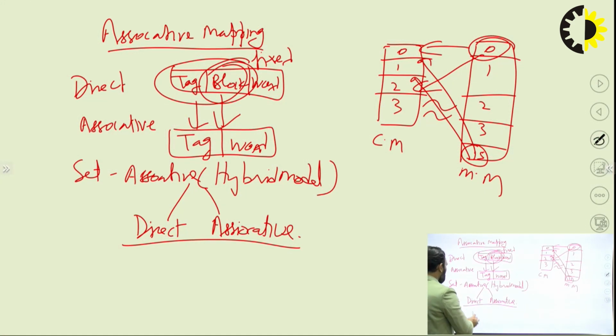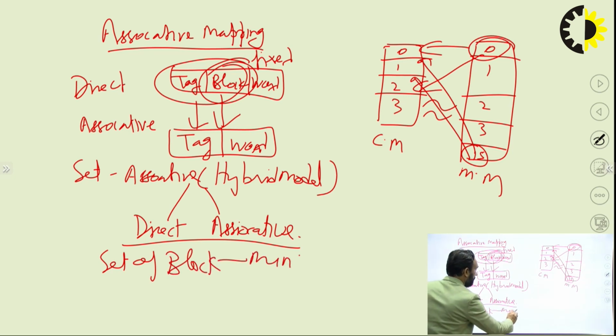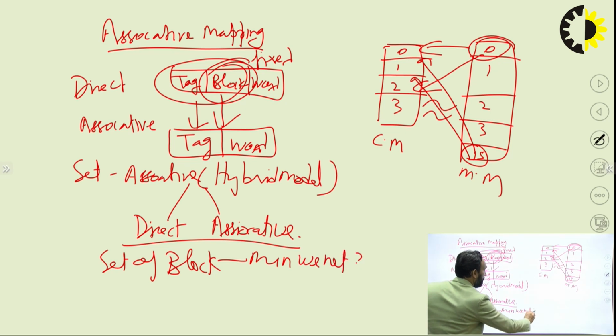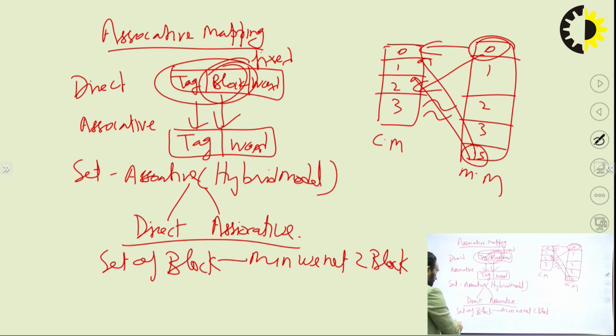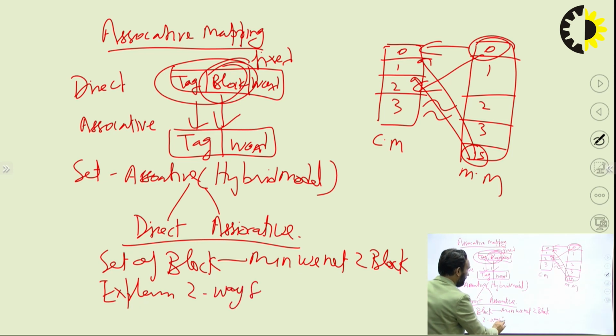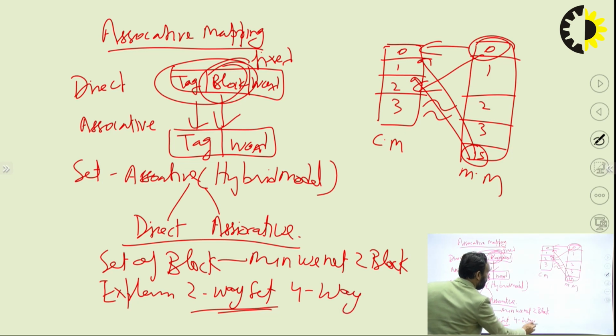So in set associative, we use a set of blocks. Minimum, we need 2 blocks. We generally explain in terms of two-way set, 4-way set, that will be mentioned in the numerical or in the description.